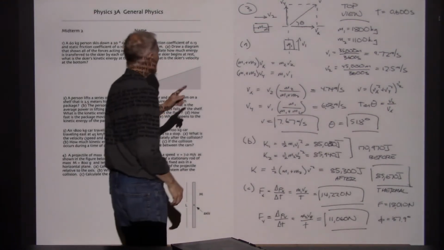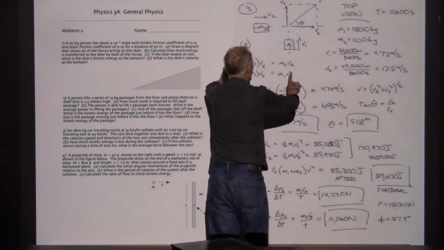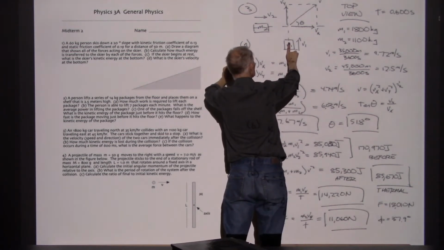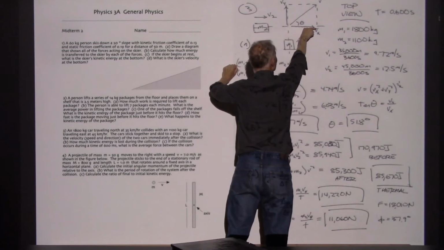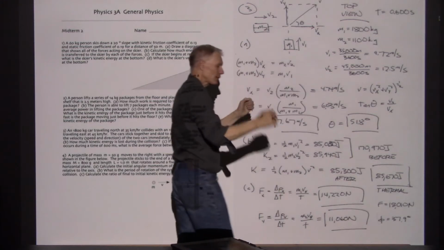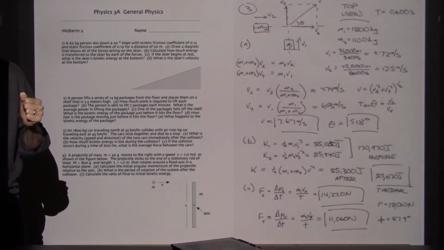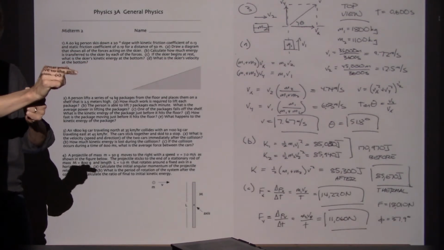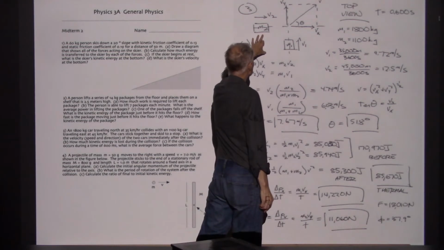So I have to decide which car to look at. What happened is when car number 1 came in, it didn't have any X motion at all, but after the collision happened, it did have X motion. So I took an object with no momentum in the X direction, and I exerted a force in the X direction on that car, and that force is coming from car number 2.